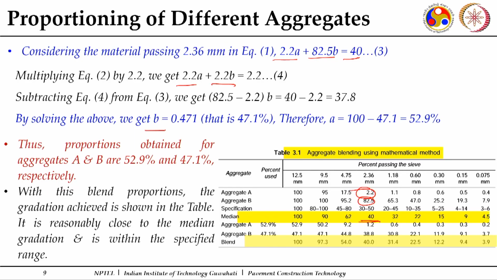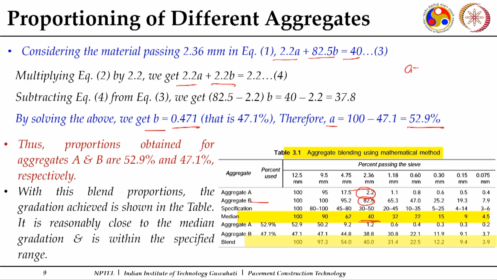What I get out of it is the value of b is determined as 0.475. This means the share of the B material is 47.1%, and the share of A will be 52.9%. So this gives me the first trial proportion which I can work out.